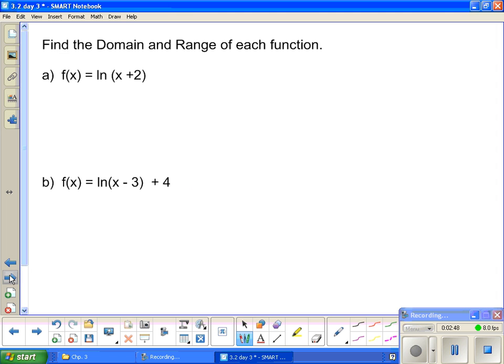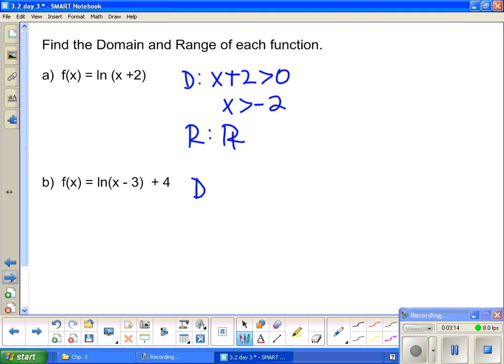We find the domain and range exactly how we did with any log. It's the exact same way. The only thing that's different is the base. It could be base 3, 4, 10, e, doesn't matter. Our domain still has to be greater than 0, and my range will still be all real numbers.